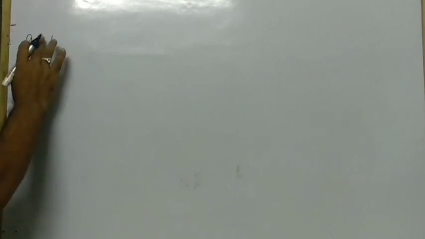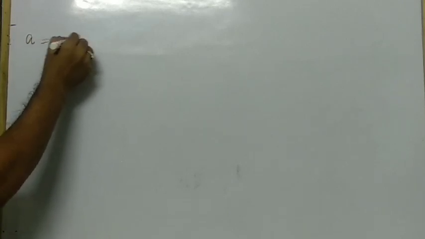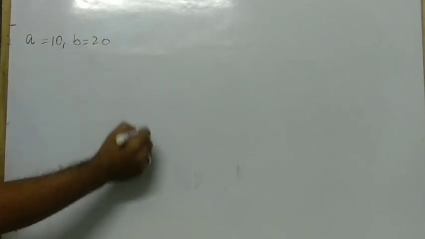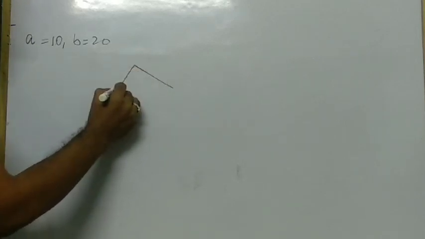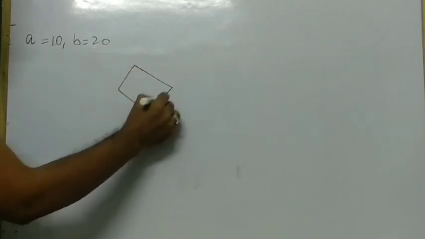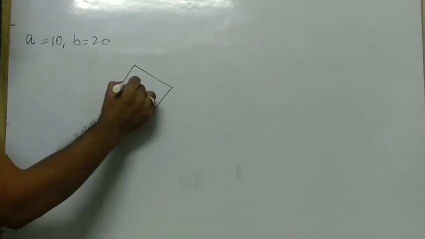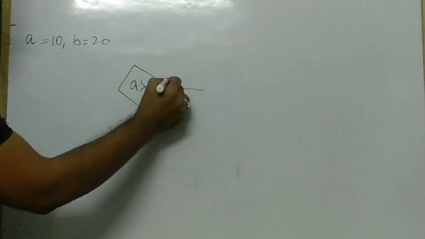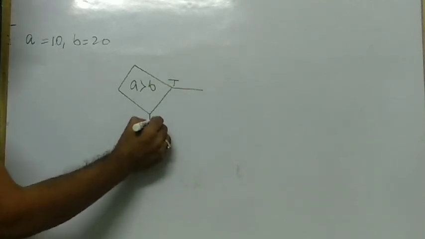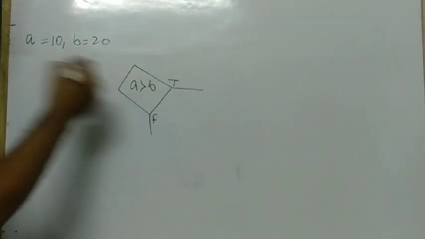If there were two variables like A and B, the value of A is 10 and B is 20, and if you write A is greater than B, then true and false.